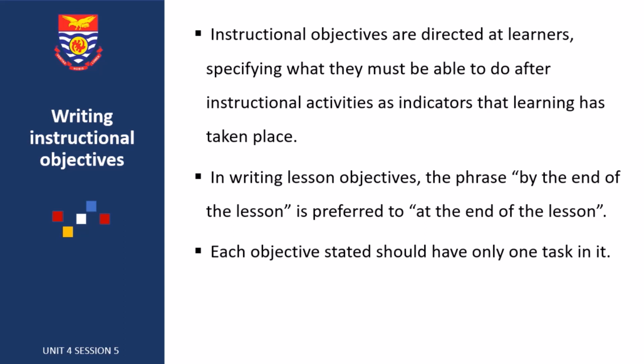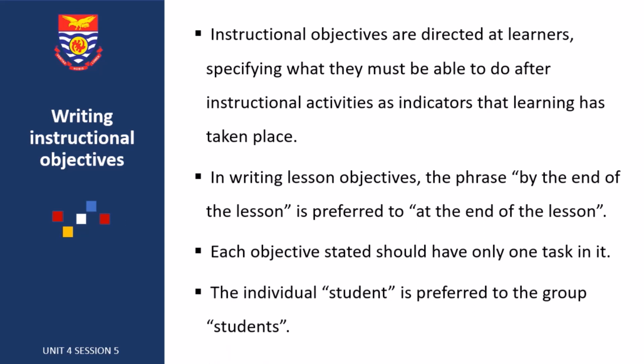You are giving multiple tasks in just one objective. One objective should be limited to one task. Students should be able to state. Students should be able to compare and contrast as one term. Students should be able to distinguish.